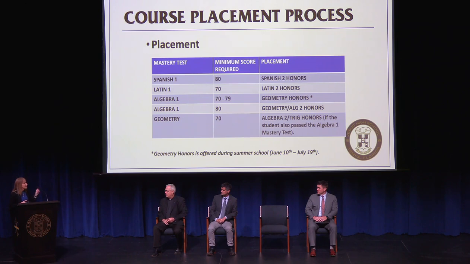If he passes the geometry but not the algebra, his sequence of math courses would be Algebra 1 honors, and then he'd move right into Algebra 2. We would not make him take the geometry over again, so he would be accelerated and move right from Algebra 1 into the Algebra 2 into the junior year course.